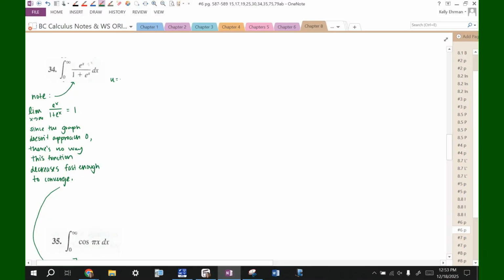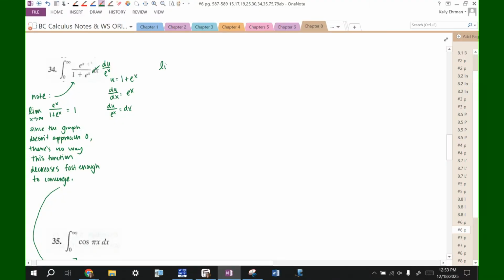U can equal the denominator, 1 plus e to the x, because du dx will be e to the x. So that's going to cancel this out, right? Du divided by e to the x will equal dx.